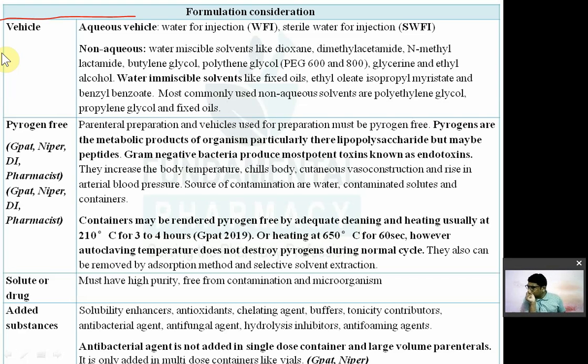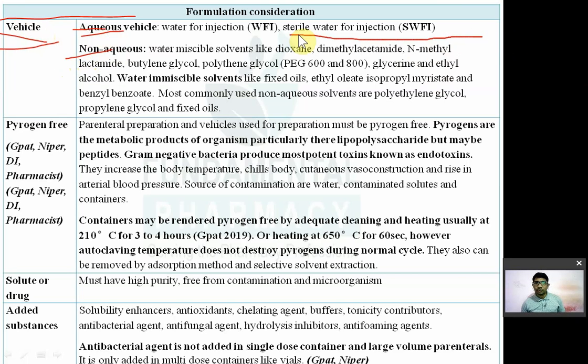Then second part is nothing but the vehicle. Vehicle means whatever solvent or liquid you are using for making injection. So vehicle may be aqueous vehicle or non-aqueous vehicle. Aqueous vehicle मतलब क्या, water based vehicle. In an aqueous vehicle you have different kinds of injection, like water for injection, sterile water for injection, bacteriostatic water for injection.